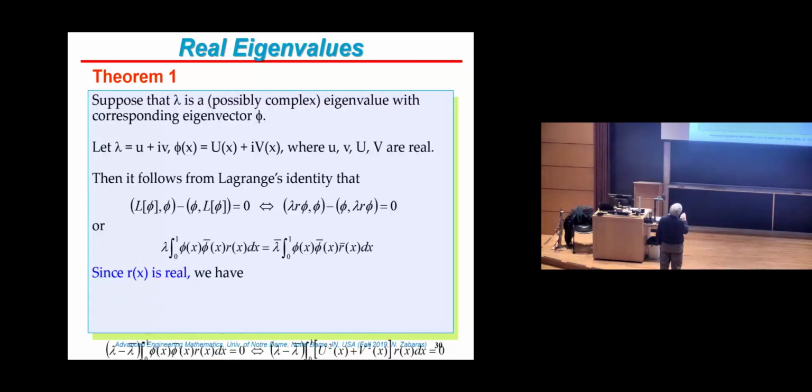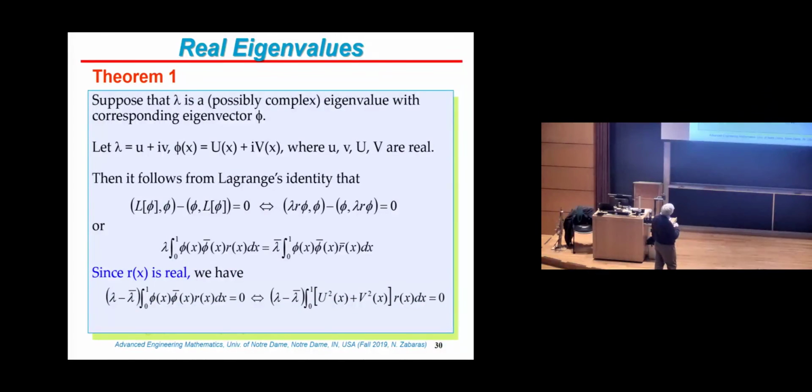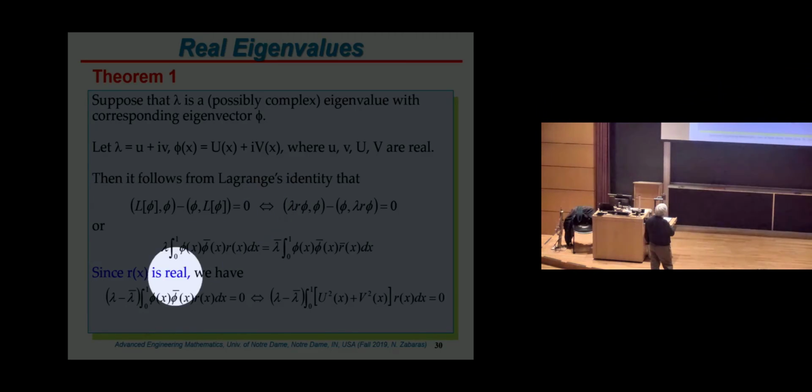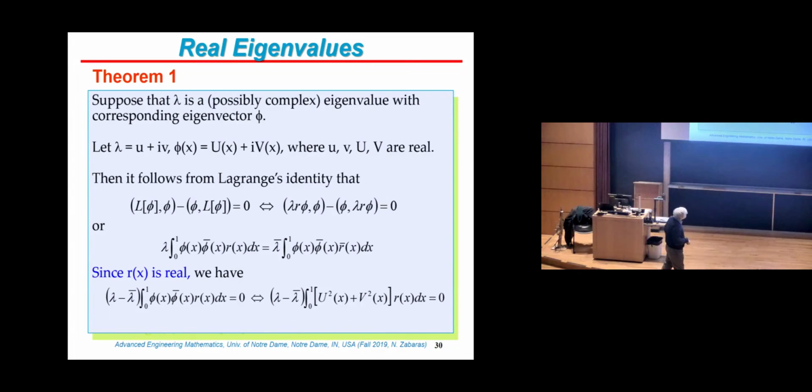So if I rearrange this, I get this wonderful thing, that lambda minus lambda conjugate times this integral equals 0, and this integral is, because phi is u plus iv, u squared plus v squared times r dx equal to 0. And now with confidence, I can say lambda equals lambda bar. But I need a particular assumption that we used before for r.